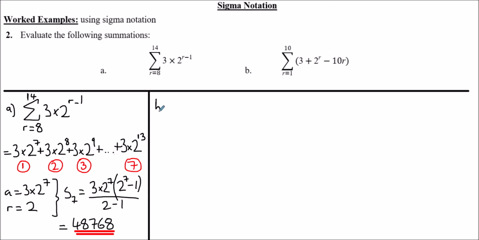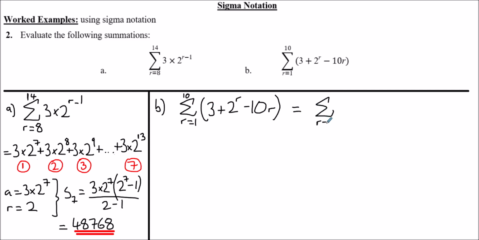So for B, from r being 1 up to 10, 3 plus 2r minus 10 to the r, this can be partitioned out in terms of that number plus that one, all under the same sigma.